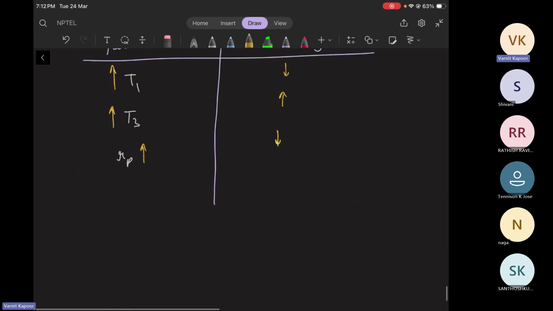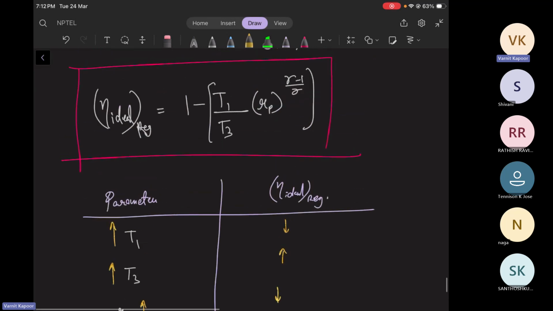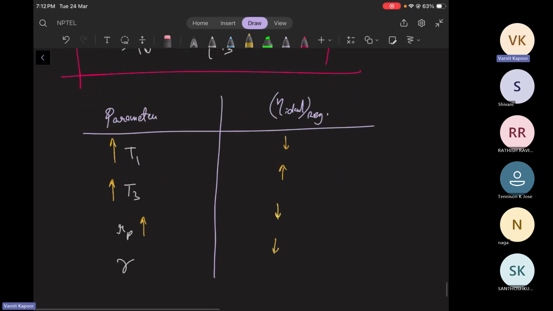And if you are increasing gamma, that is the polytropic index for that gas, the efficiency again is going to decrease, from this expression. So we saw that only by increasing the temperature T3 does the efficiency increase. For the rest of the parameters, an increase makes your efficiency decrease.